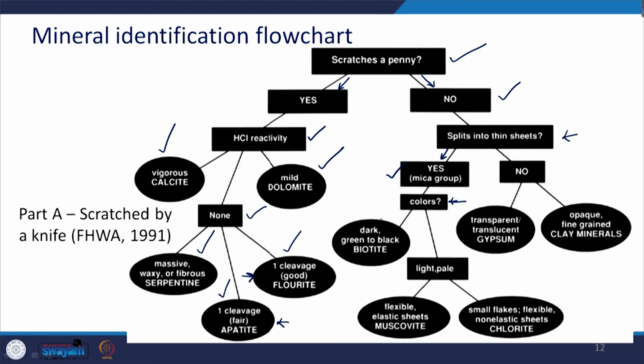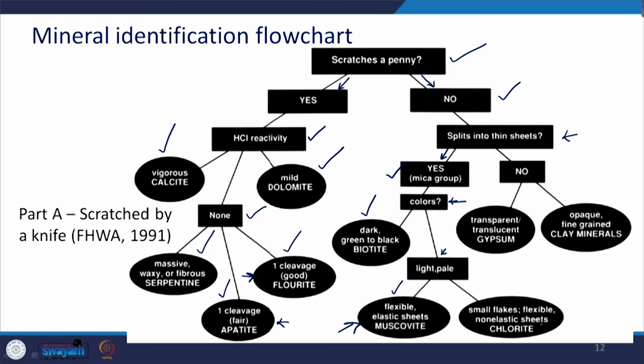So if we have dark green to black colors, then it is biotite. If it is light or pale color, then we need to go ahead and check whether the sheets into which this material can be split are flexible and elastic, then it is muscovite.